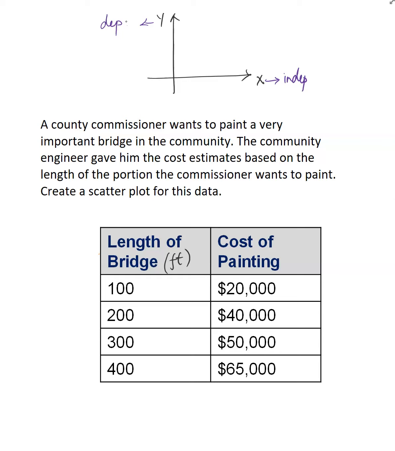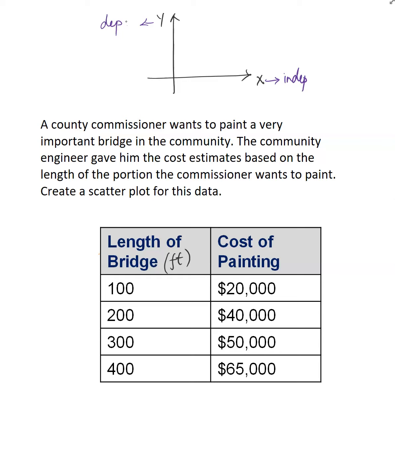So you can begin to see that the length of the bridge is not going to change, but the cost of painting is affected by the length of the bridge, isn't it? If you want 100 feet length of bridge, then it costs you 20,000. So the length defines what the cost will be, right?